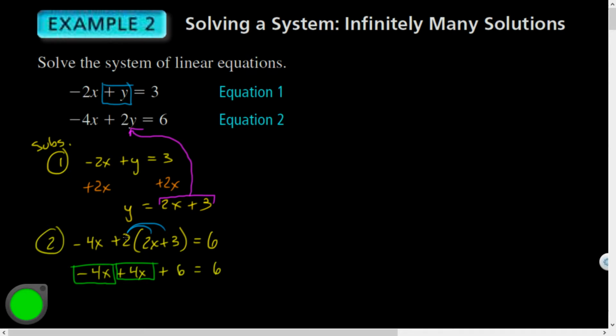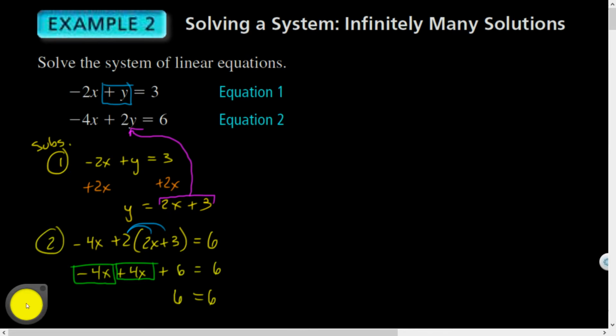So notice I distributed 2 times 2x is 4x, 2 times 3 is 6. What happens when I combine these like terms here? Negative 4x plus 4x, I get 0 x's, or just 0, and I'll get 6 equals 6.